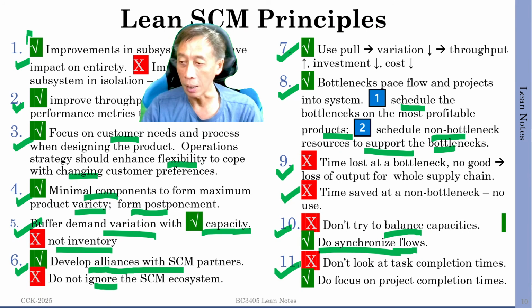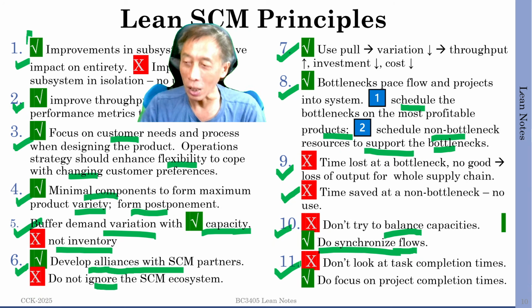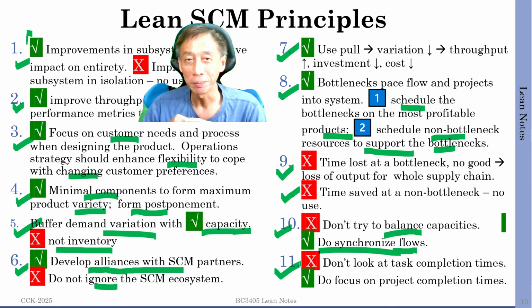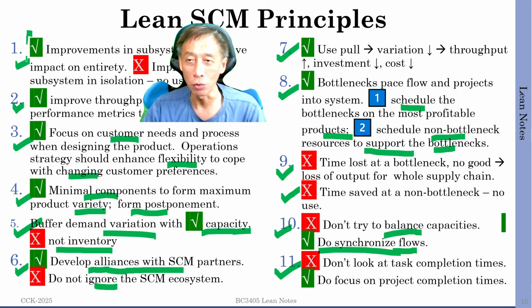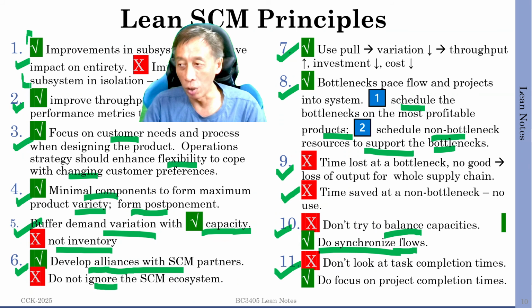And number 11, don't look at task completion times, but focus on project completion time. Again, back to one, look at the overall picture. So focus on project completion time. If you make a particular non-bottleneck work very fast, so the task for that non-bottleneck is completed in a very short time, that's the task completion time.